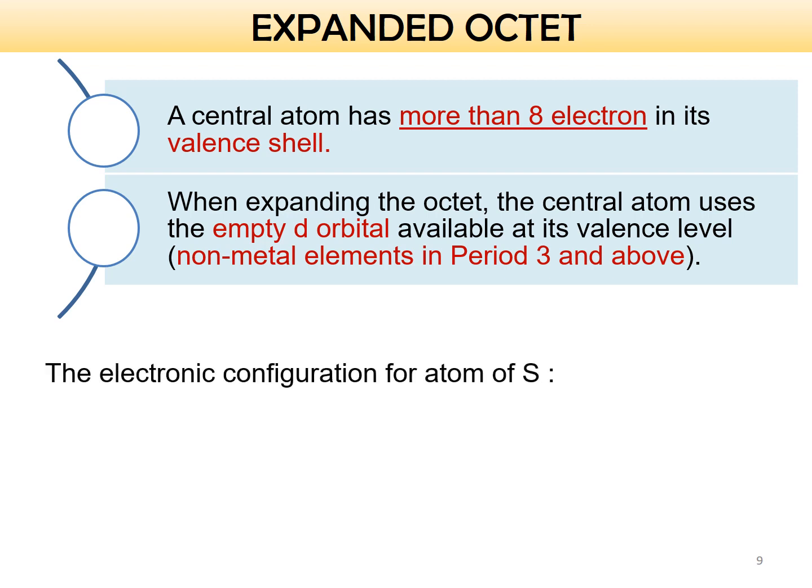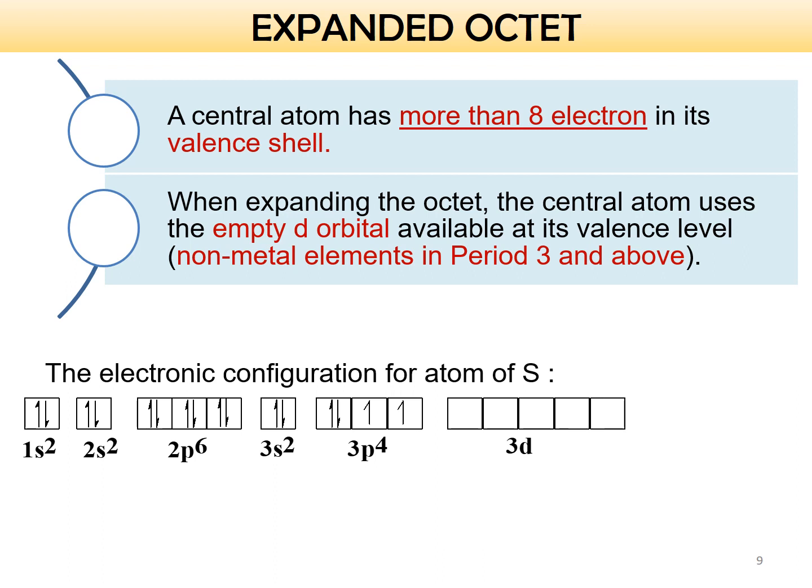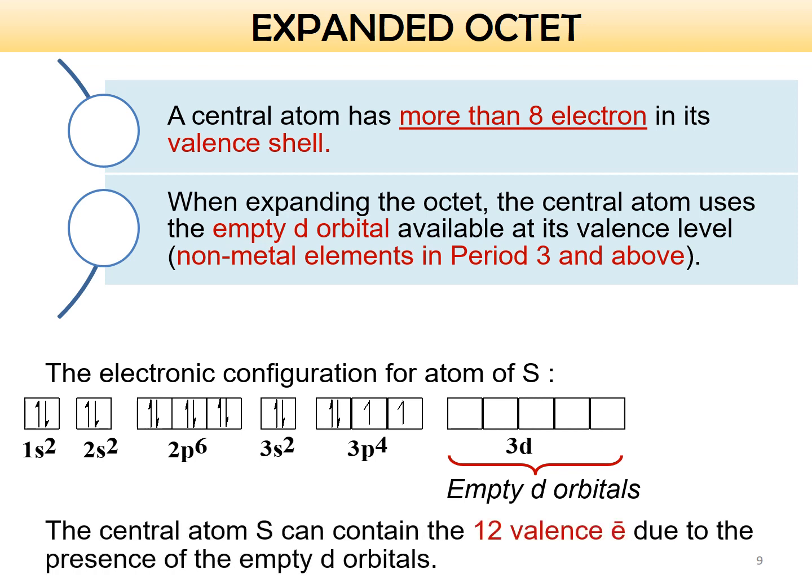For example, in sulfur hexafluoride, SF6, the sulfur atom forms 6 covalent bonds. Hence, it has 12 valence electrons due to the presence of empty d orbitals.